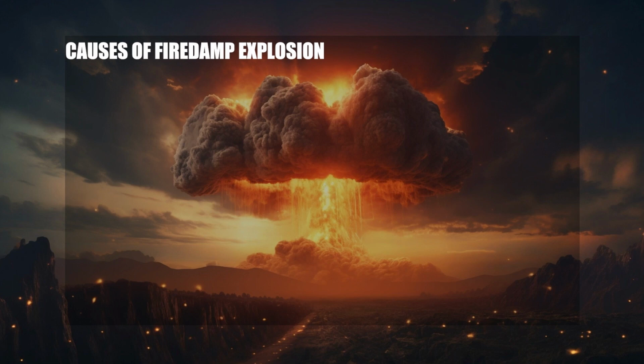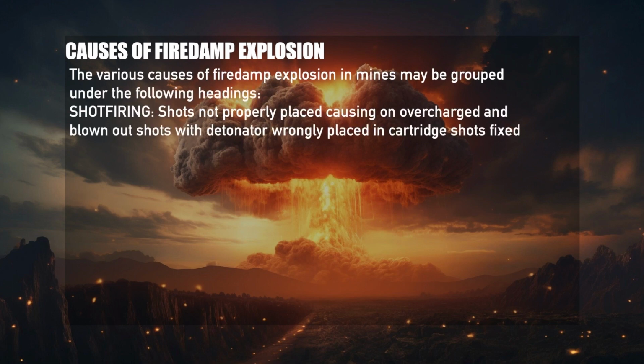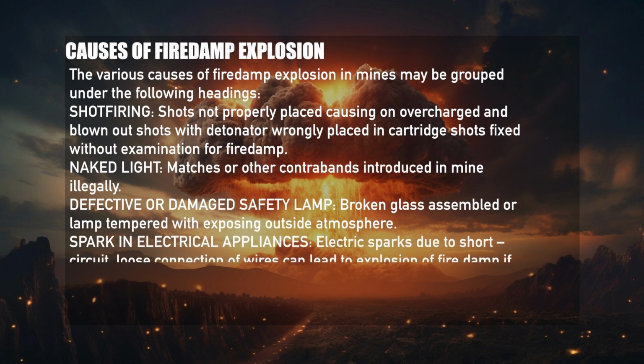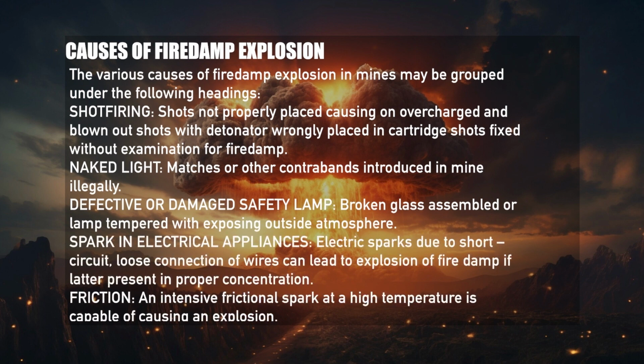The various causes of fire damp explosion in mines may be grouped under the following headings. First of all, it is due to short firing. Basically, methane cannot self-ignite or self-explode unless there is an external source.